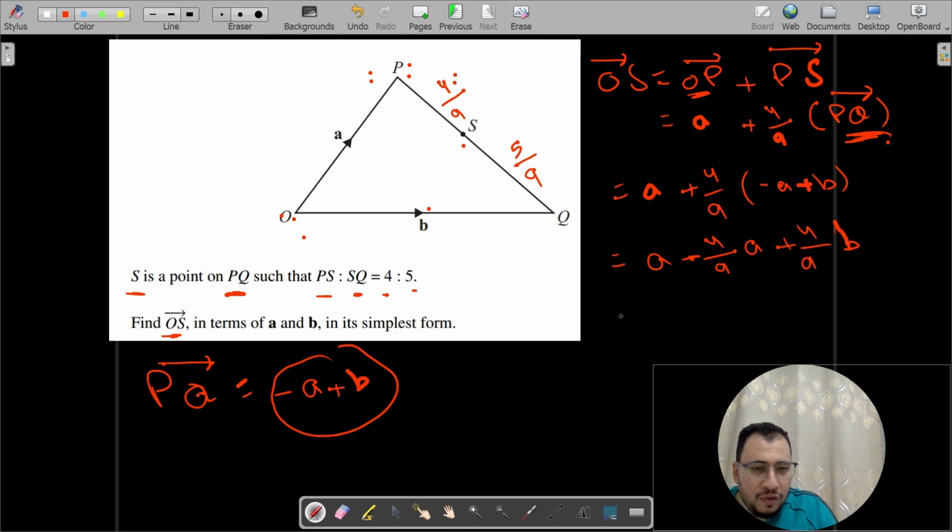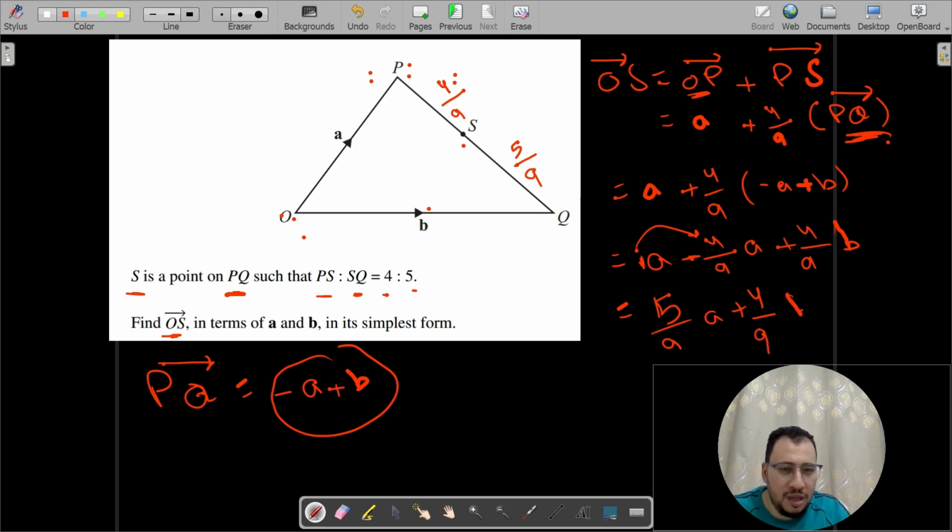A minus 4 over 9 A, which means in your calculator, because some students are getting confused in that, there is 1 on your calculator, make 1 minus this fraction. 1 minus 4 over 9 is going to be 5 over 9. A plus 4 over 9 B. And this is the value of OS which is needed from us.